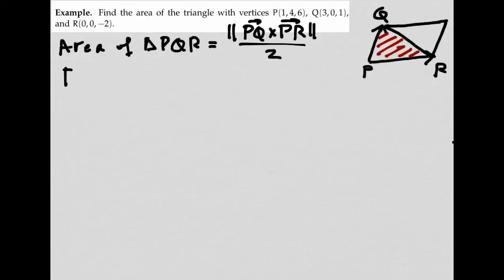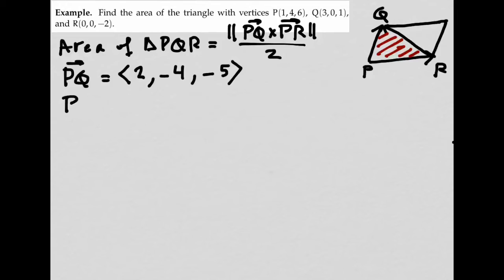Vector PQ is obtained by subtracting the components of P from the components of Q. That's 3 minus 1, that's 2. 0 minus 4, that's negative 4. And 1 minus 6, which is negative 5.